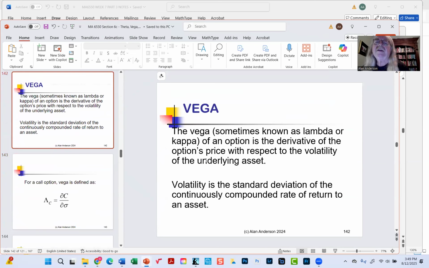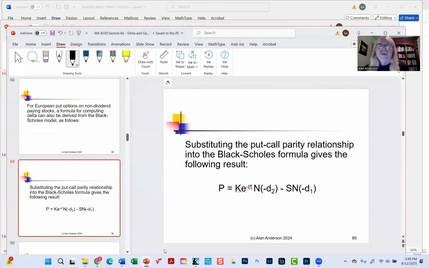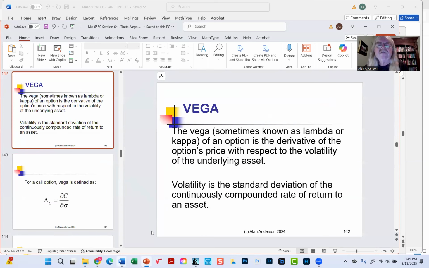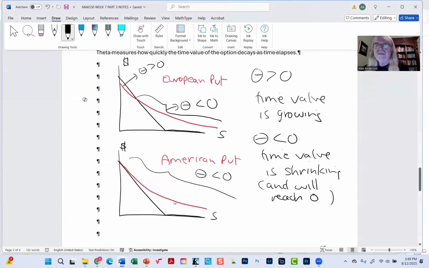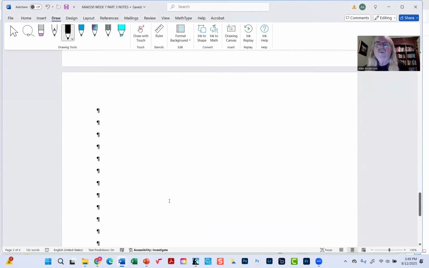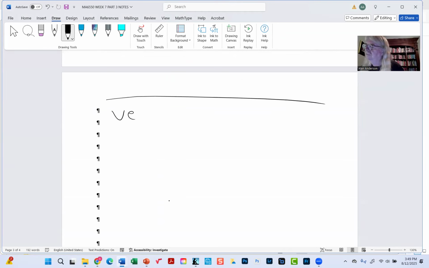Now, there you go. Now, here's an interesting one. This one revolves around the sensitivity of options to volatility. And I think I mentioned yesterday, Vega is not a Greek letter. So we don't know what happened there. So we have to pick another letter so that we can use the symbol. So usually that letter is lambda.